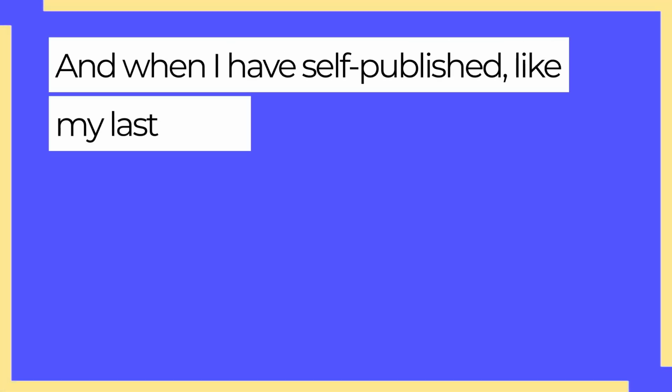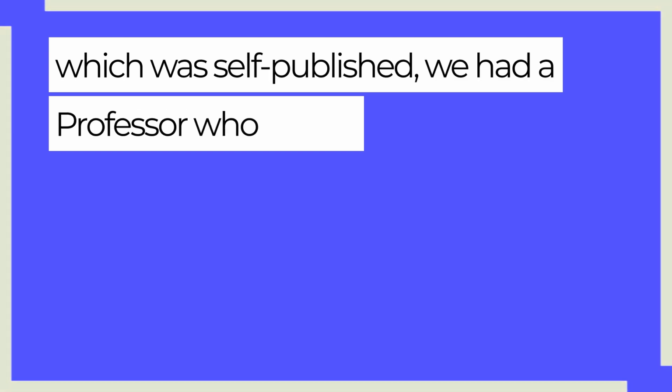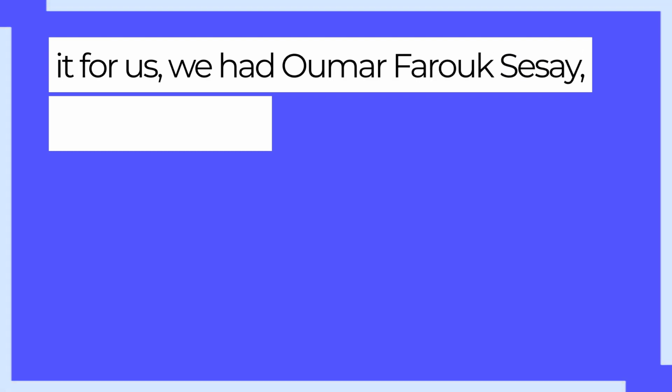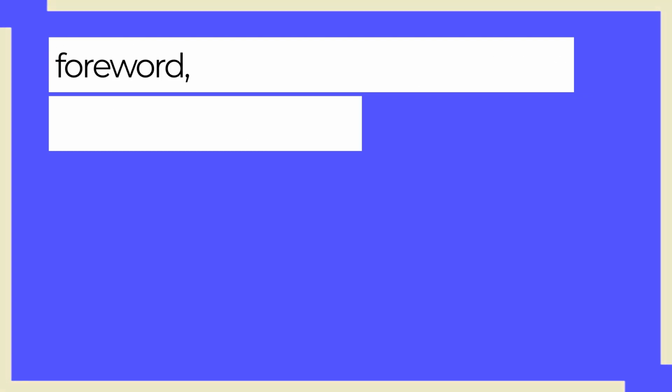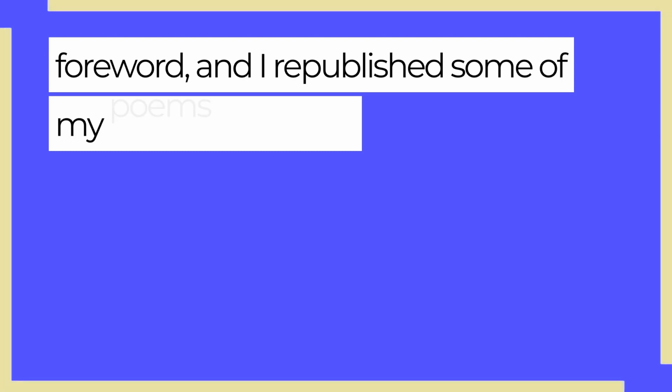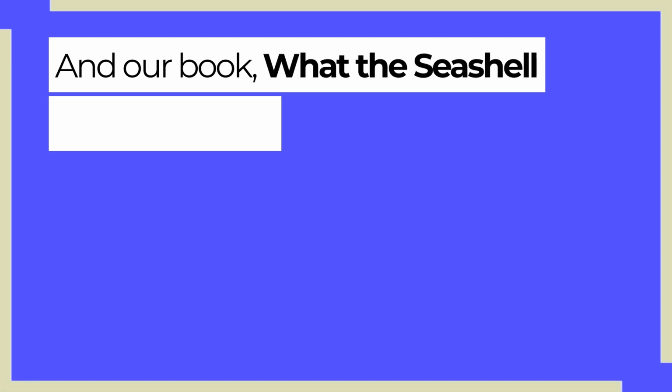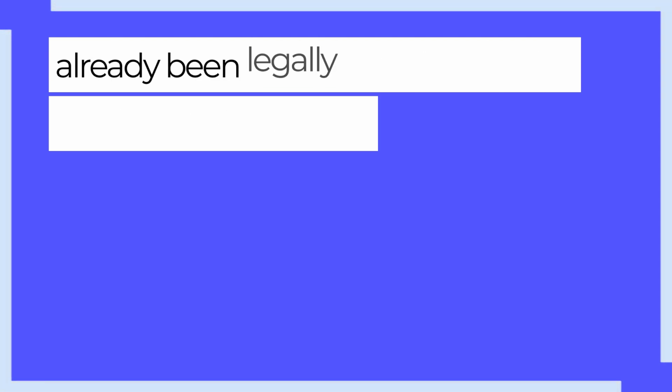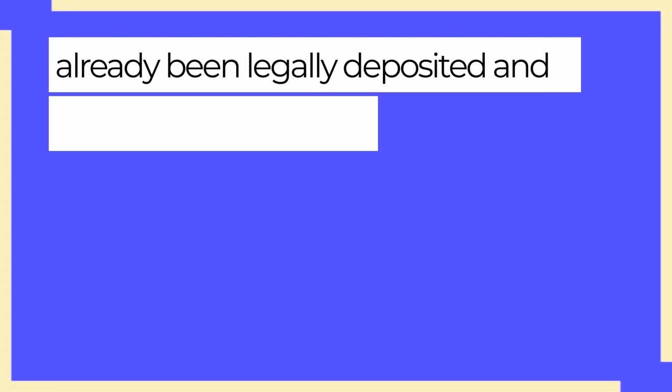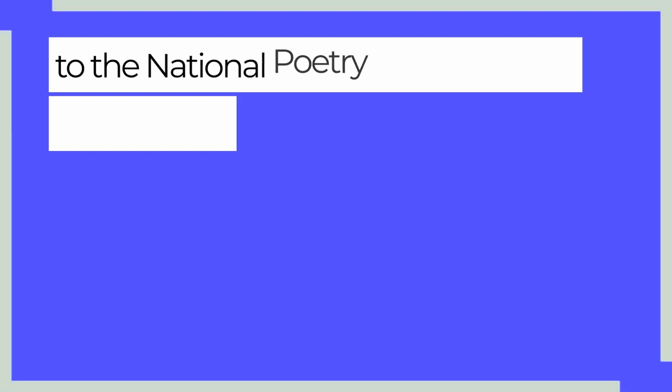And when I have self-published, like my last book, which was self-published, we had a professor who edited it for us. We had Umar Farouk Sissay, who wrote the foreword. And I republished some of my poems that were already in magazines here in the UK. And our book, What's the Seashell Said to Me, has already been legally deposited. And a copy has been offered to the National Poetry Library here in the UK.